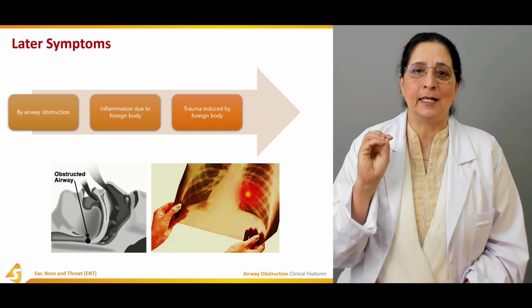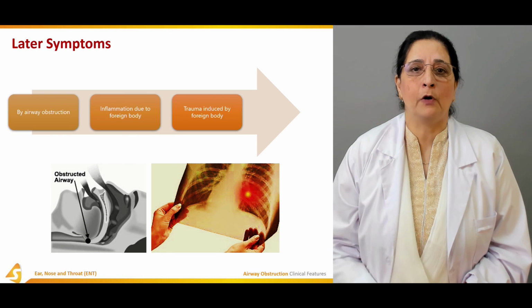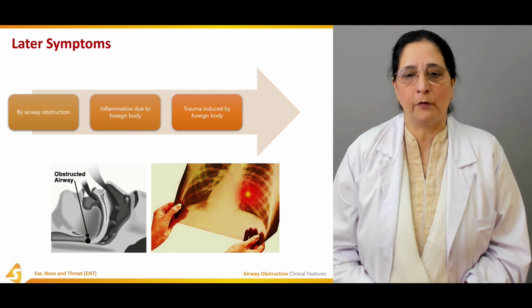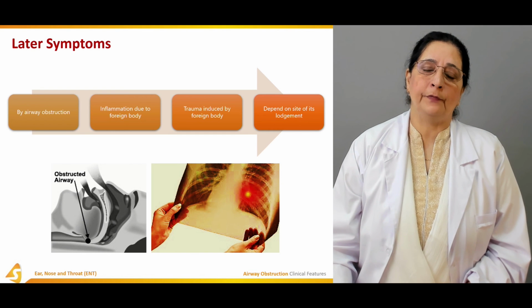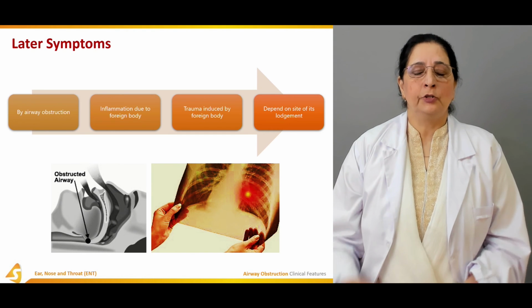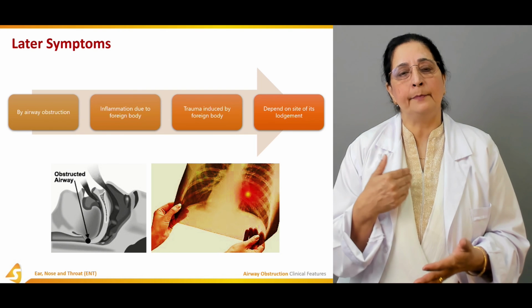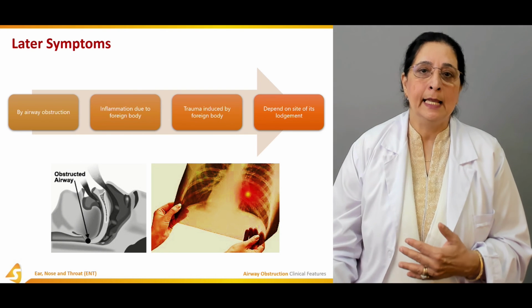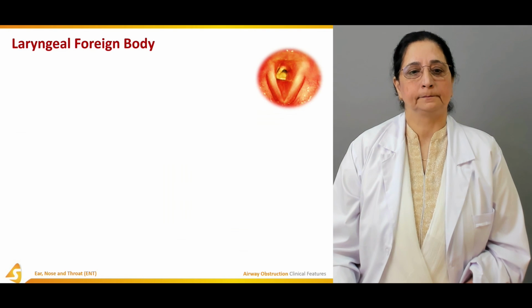Naturally it is causing ulcers. It is causing scarring because of the presence of the foreign body. And it depends on the site of the lodgement also. So these are the phases: the initial period, symptomless period, and then the late symptoms associated with the foreign body.